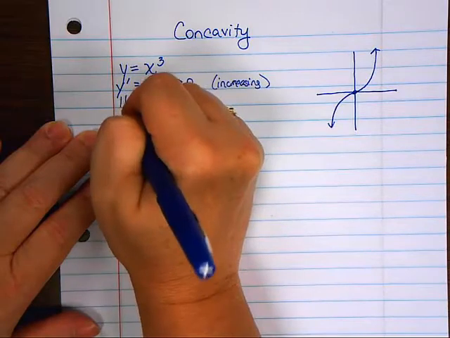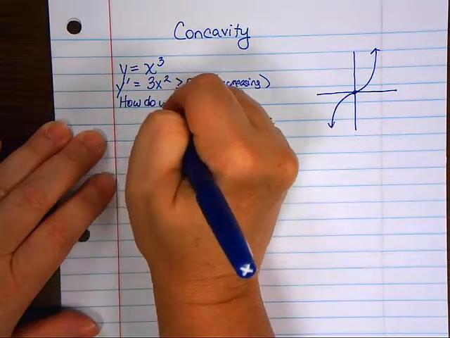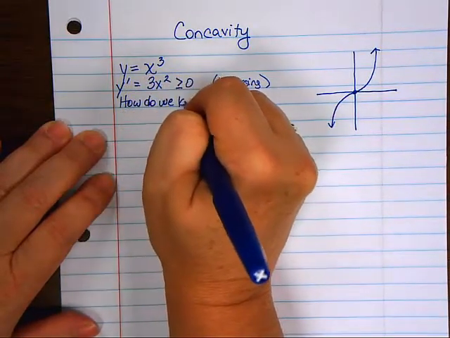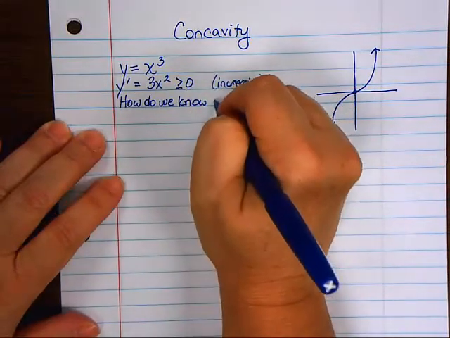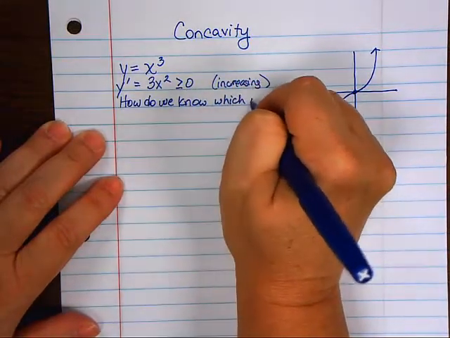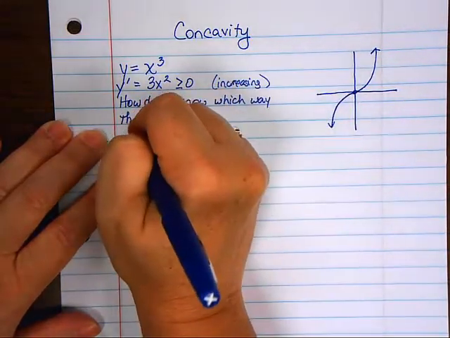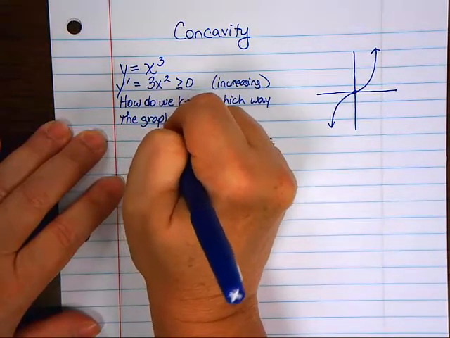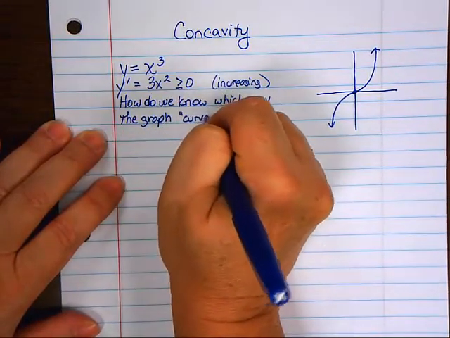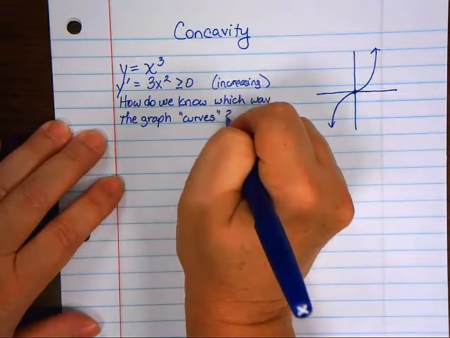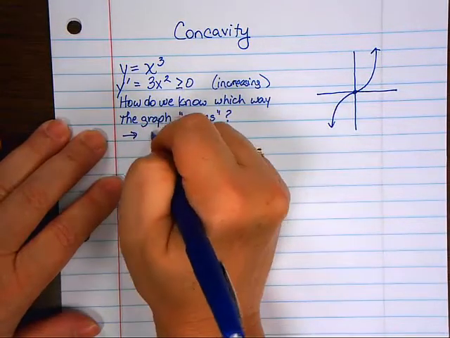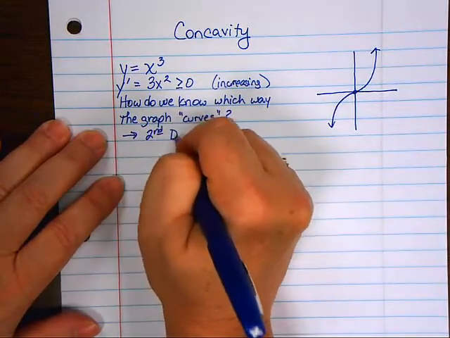But how do we know which way the graph curves? The answer is the second derivative tells us.